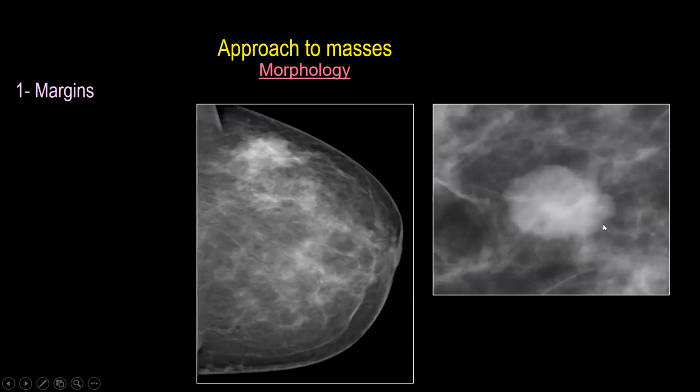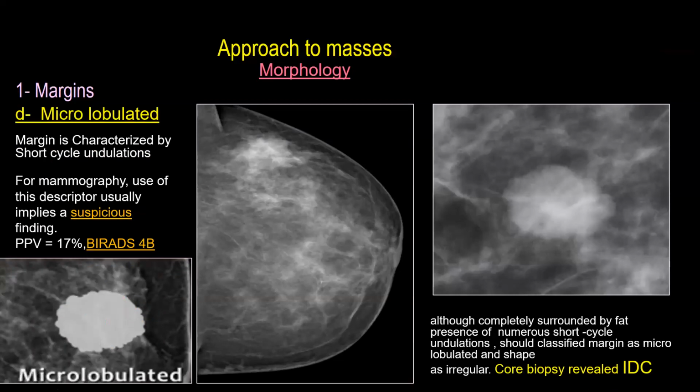Microlobulation: you have multiple short cycles. You see bulges here, multiple. That is why these are microlobulations. Okay? And this is also suspicious, with a positive predictive value of 17%. This is also BI-RADS 4B. Okay? And both of these cases were invasive ductal carcinoma.